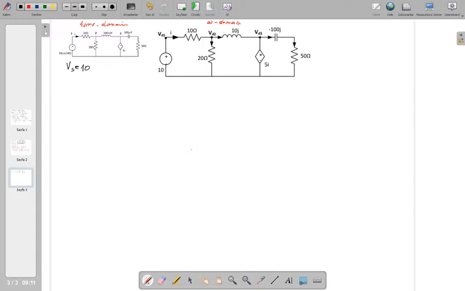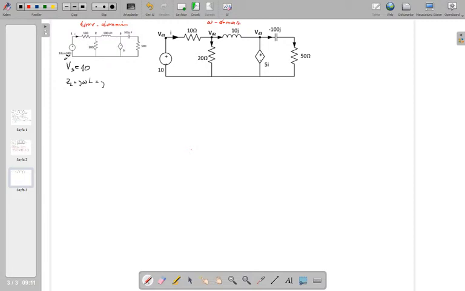We're going to write the impedance of these elements. The impedance of an inductor is ZL equals j omega L. Omega is the radian frequency, the angular frequency of the independent source.